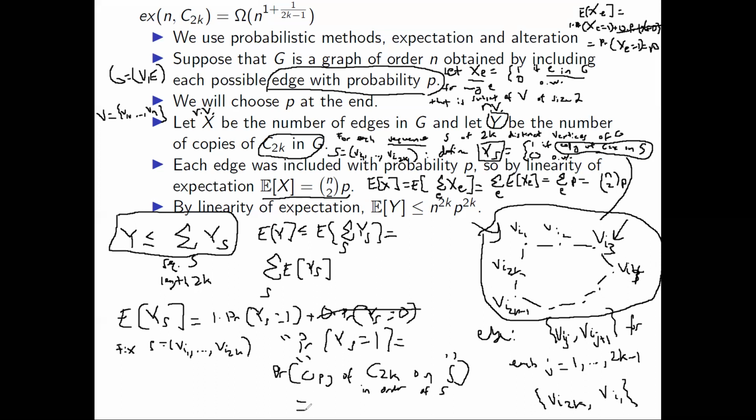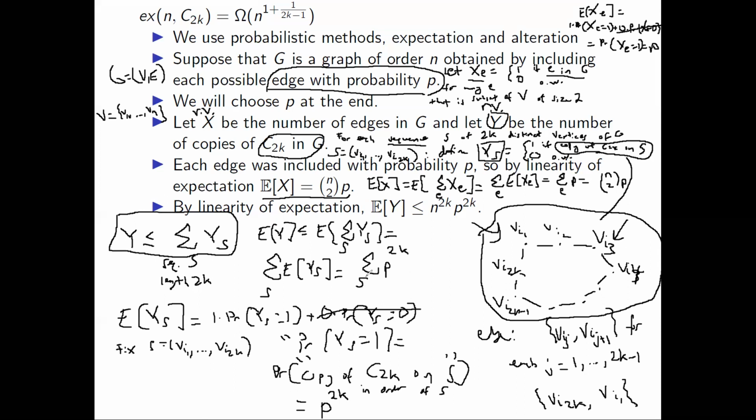Each of them has a chance of p to be included, and all of them are included independently. So the probability that they're all included is going to be p to the 2k. So we have p to the 2k right there. And now we have this sum over S of p to the 2k.